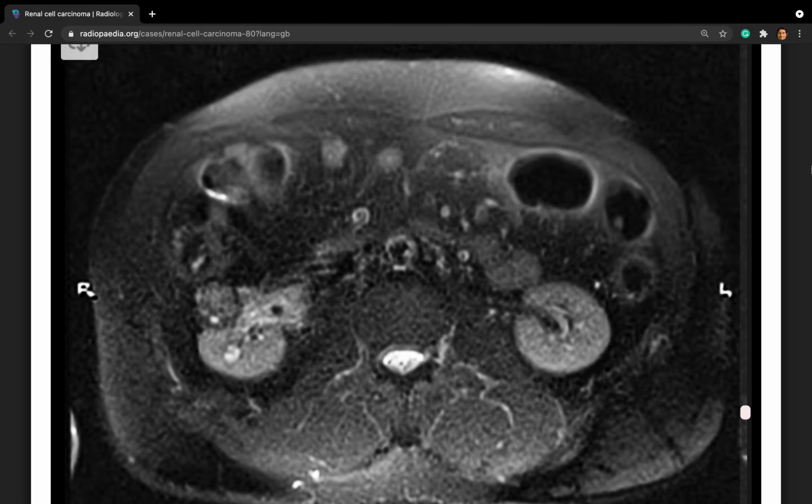Okay, and the patient had an uneventful post-operative recovery, and his histology came as 3.3 centimeters, clear cell RCC, margin negative. How are you going to follow him up?